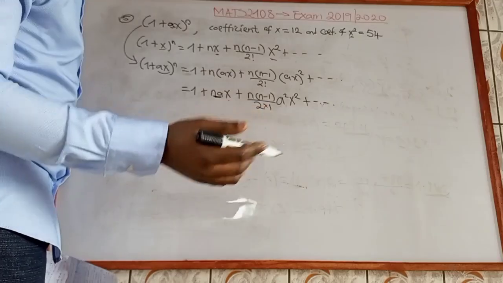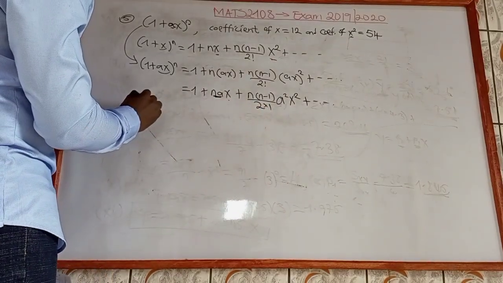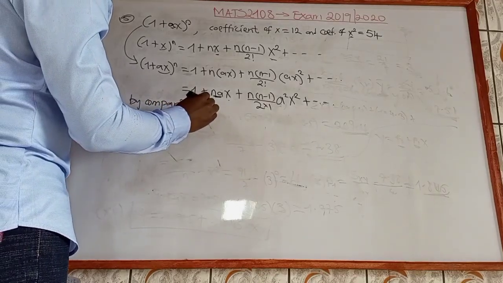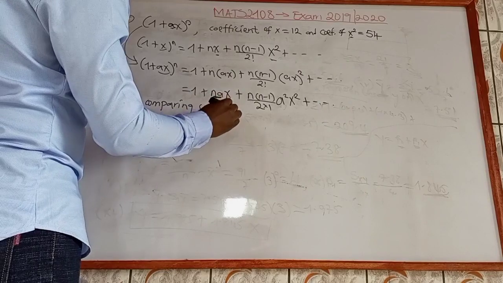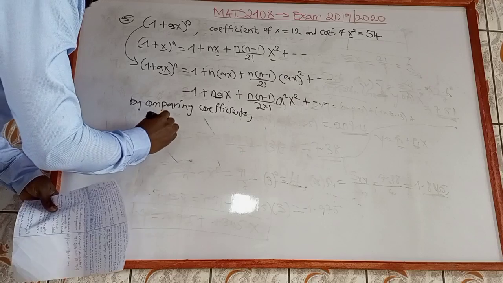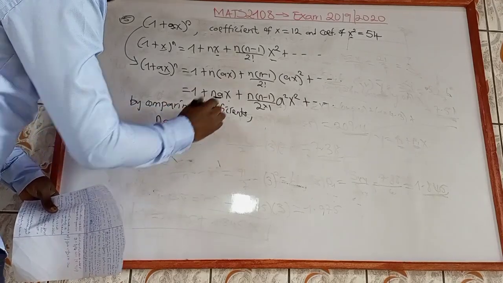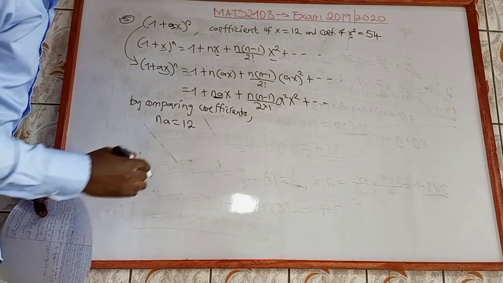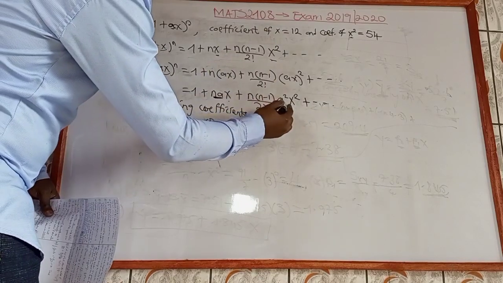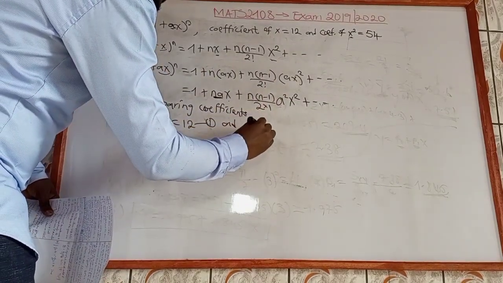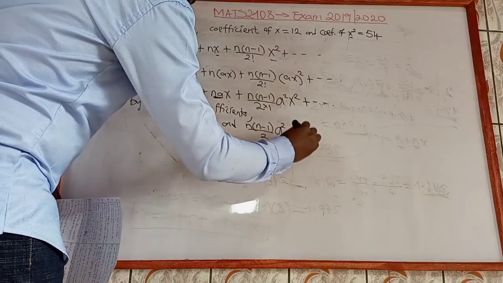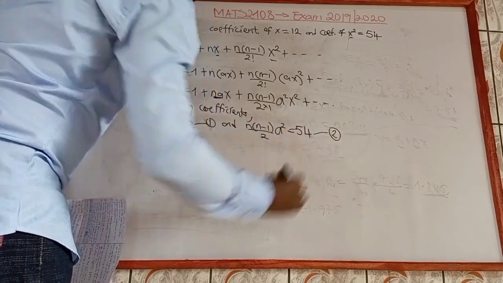So by comparing coefficients, we realize that na is equal to 12. This is the coefficient of x here, and it was given as 12. We call this equation 1. And the coefficient of x squared here, n into n minus 1 on 2 times a squared, is equal to 54. We call this equation 2.